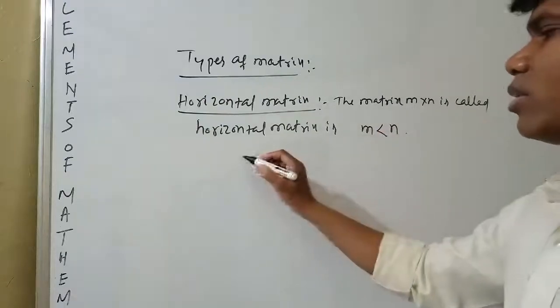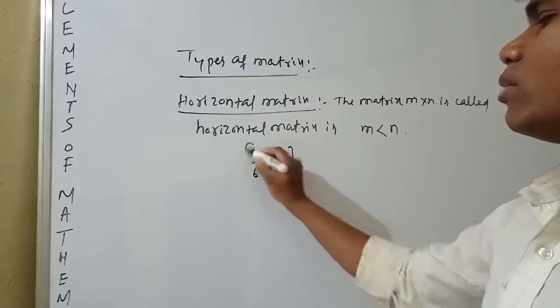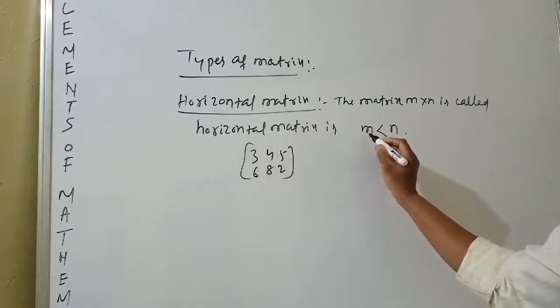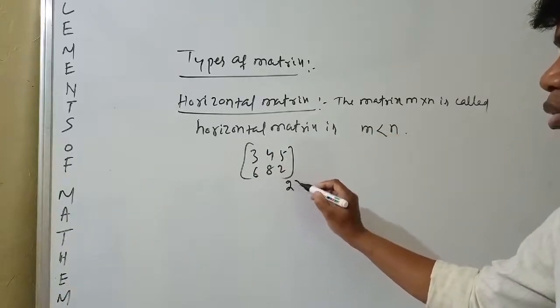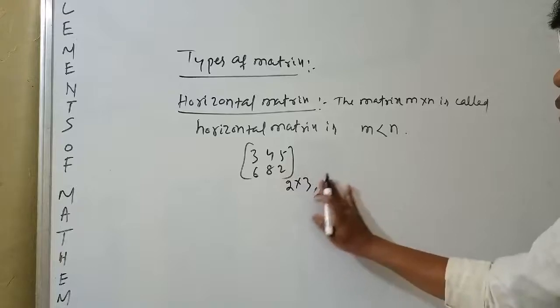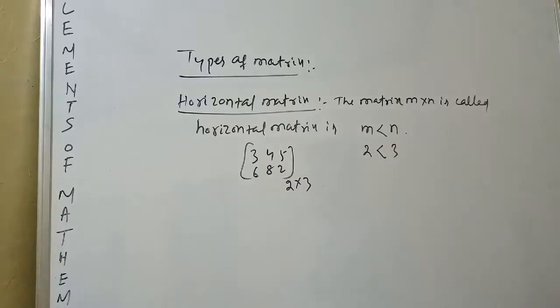For example, 3 4 5, 6 8 2. Fewer rows, more columns. How many rows are there? 2 rows, 3 columns, that means 2 is less than 3. Such a type of matrix is called a horizontal matrix.